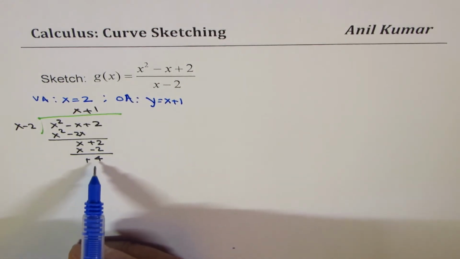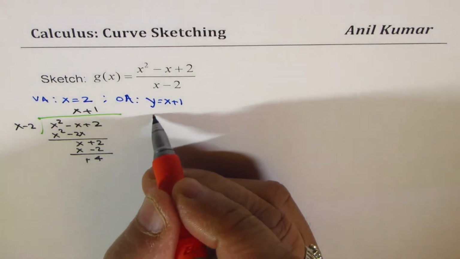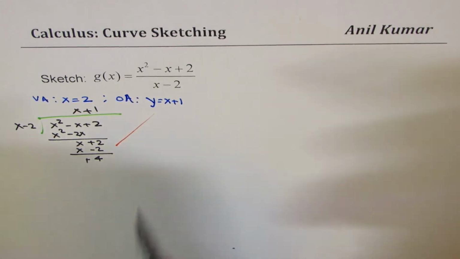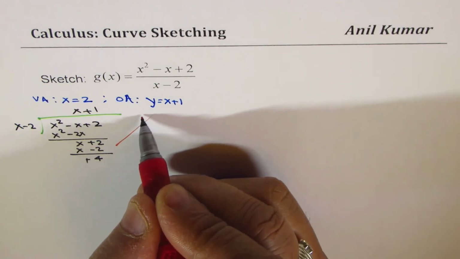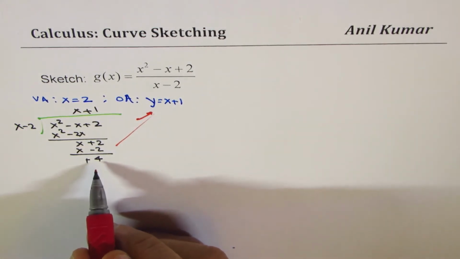Now, since this remainder is plus 4, it tells you that on the right side, if this is my oblique asymptote, when x is approaching from the right side, you are approaching from the top, that plus 4. Do you agree with me?